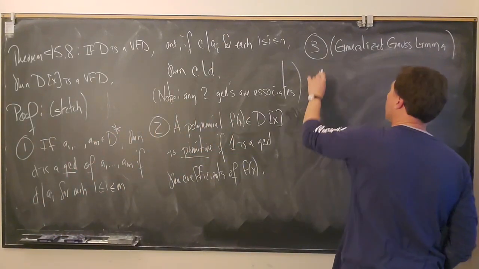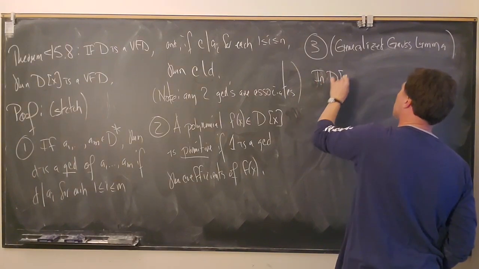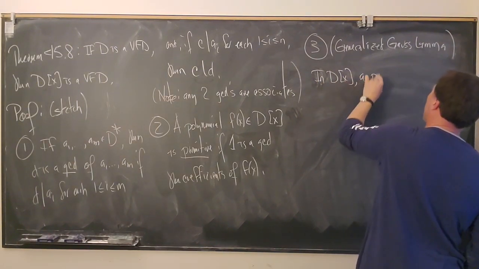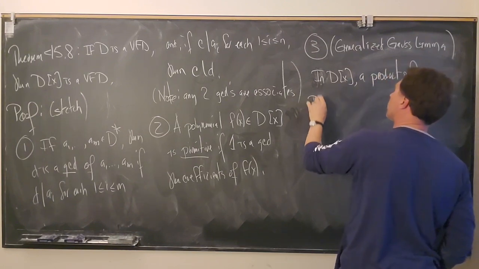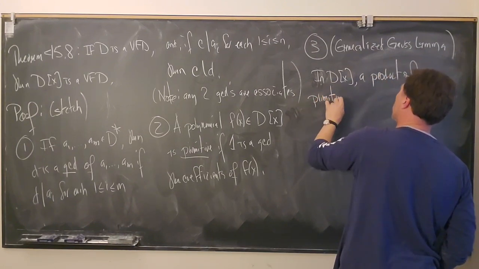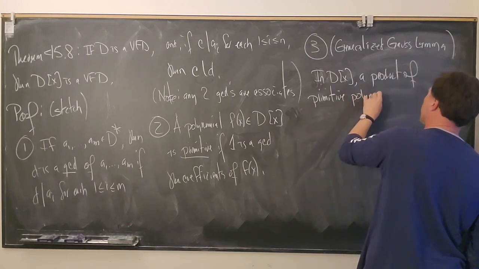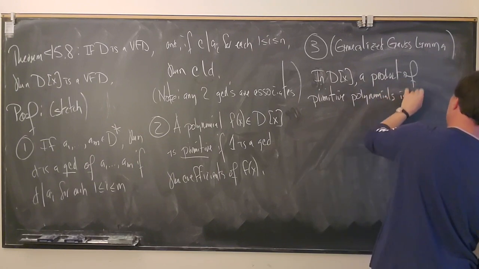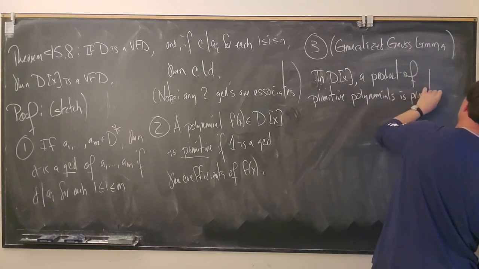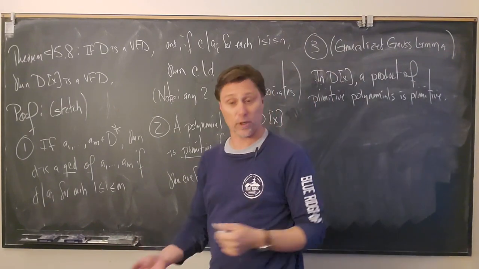So in D[x], a product of primitive polynomials is primitive. Remember, we used this fact to show that if you could factor over Q, then you could factor over Z.